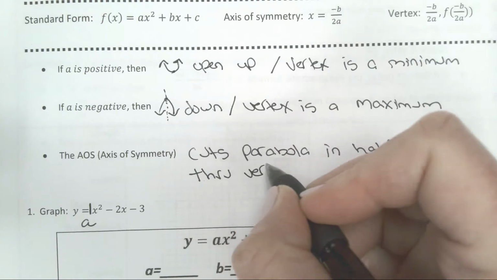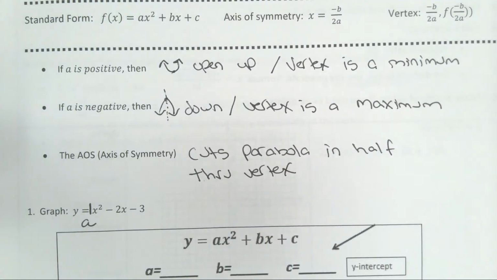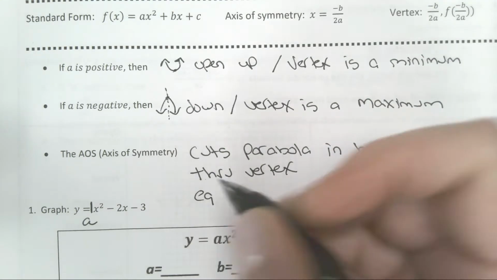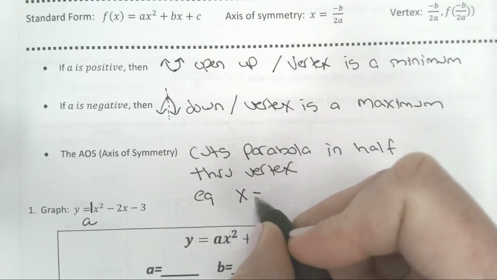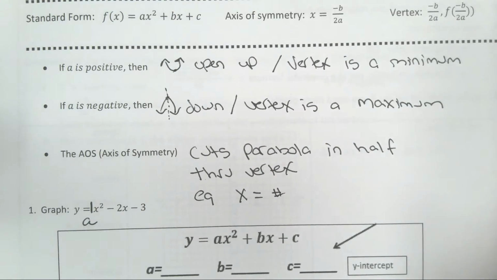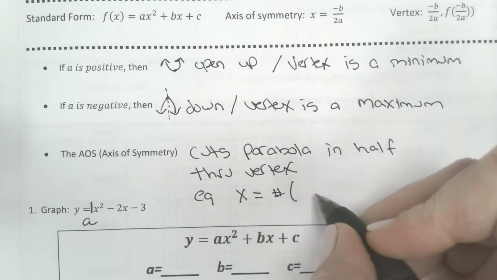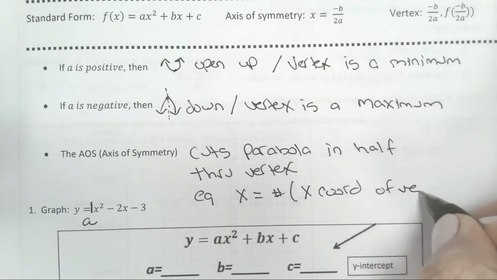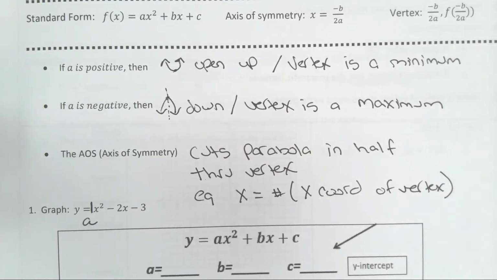It goes through the vertex. And the equation is always x equals some number, and that number is always the x coordinate of your vertex.